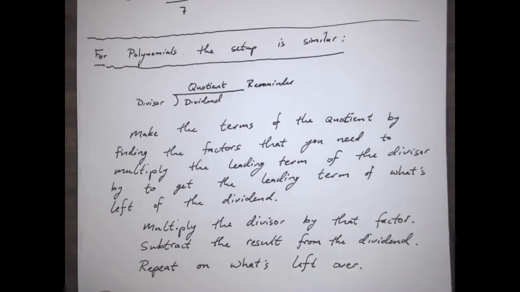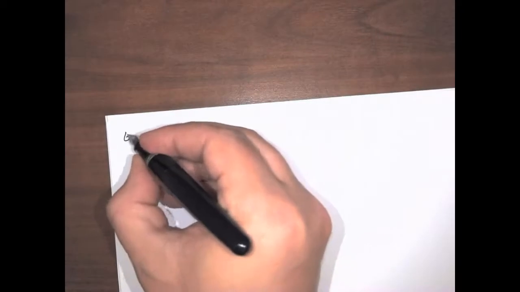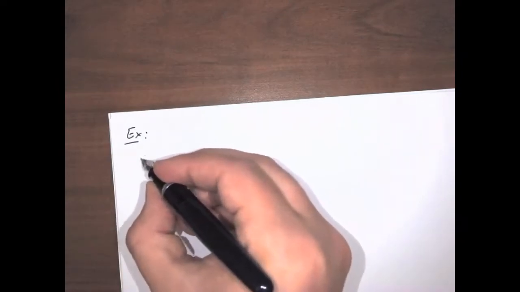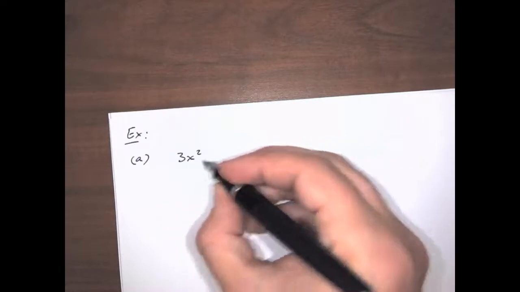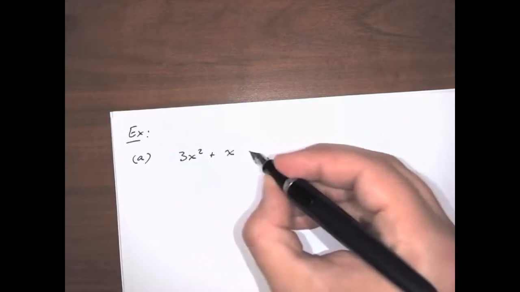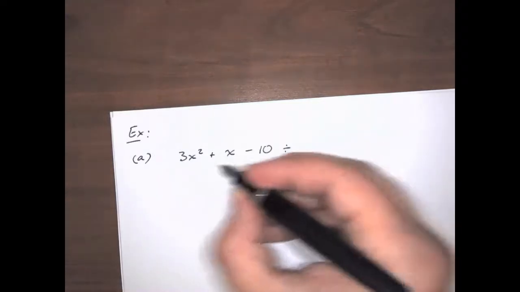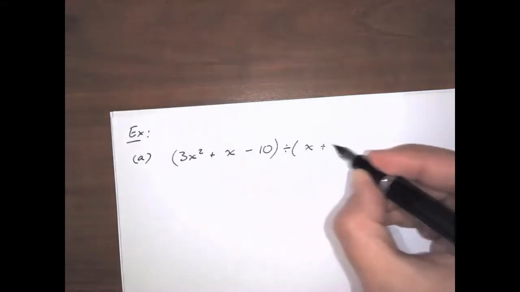So for example, let's take something like this. Let's do 3x squared plus x minus 10 divided by x plus 1.